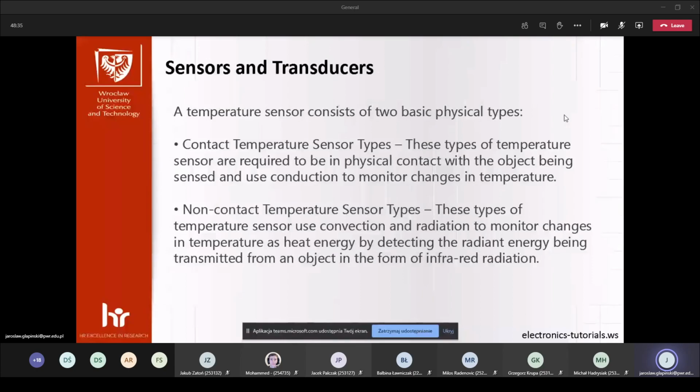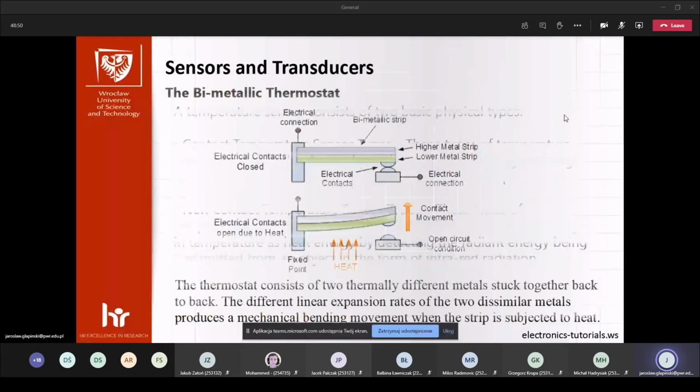So we can measure the temperature directly, but we can also measure it indirectly by measuring the radiation of the object. This is an example of the simplest element to measure, maybe not the value exactly, but to measure the heat, the temperature.